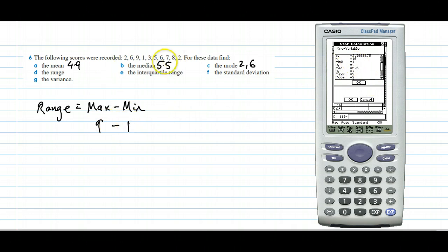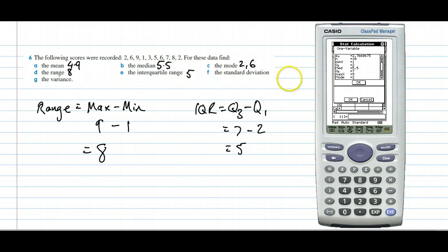We probably could have worked that out ourselves, but we've got the calculator, we might as well use it. So the range is 8. The interquartile range, IQR, is Q3 minus Q1, and in here we can see Q3 is 7 and Q1 is 2, so 7 minus 2 equals 5.